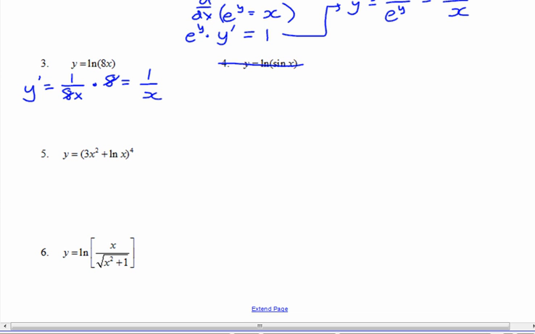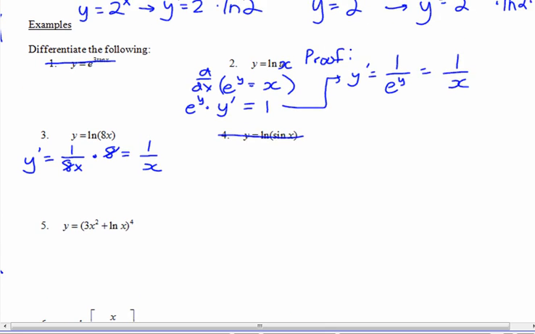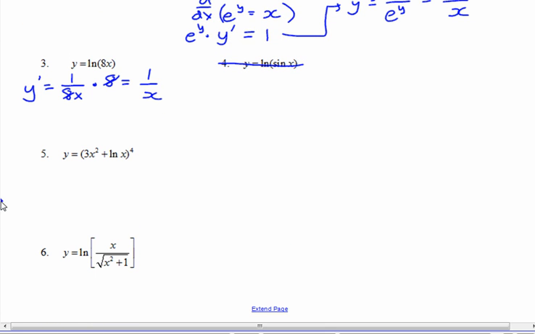Okay, which one? I skipped number 1 and 4. Number 5, how would we start to derive this, Greg? Since it's like a u, right? We work from the outside in.